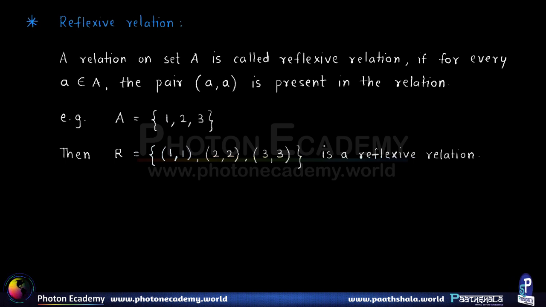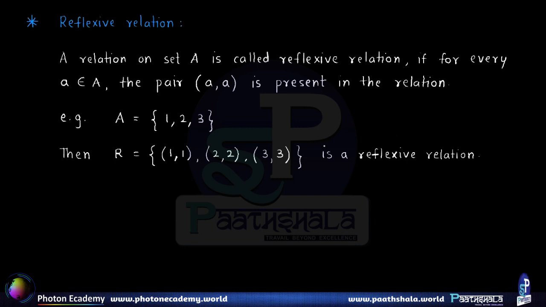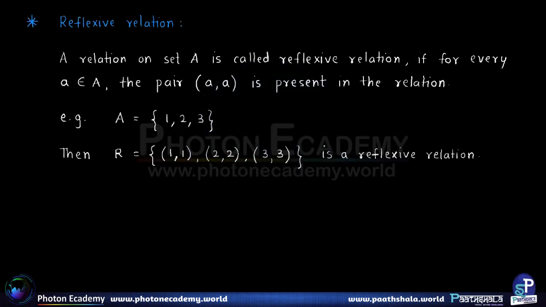So if we consider an example of set A as shown here, it has three elements, say 1, 2 and 3. What the definition says is, if you take each element of the set, say element 1, and take the pair in which both the first and second elements have the same value, that means (1, 1) is the pair.